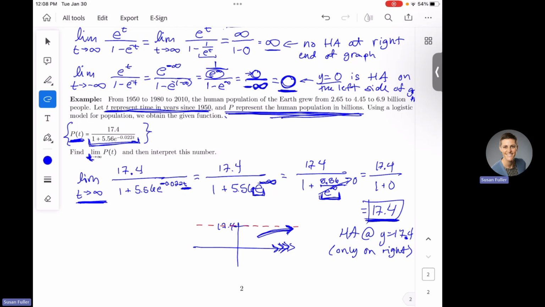That means as time goes on, the human population is going to approach 17.4 billion. And that's where we're going to level off and where the ceiling of our population is going to be, according to this model. Cool. So that answers this question.